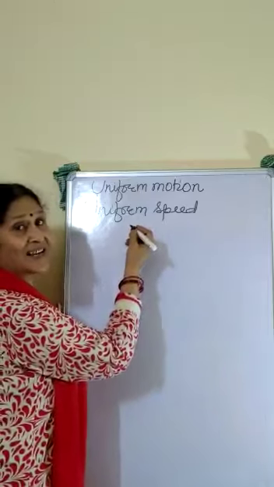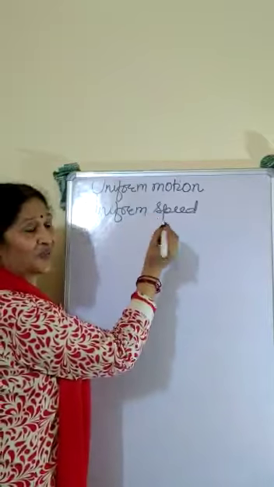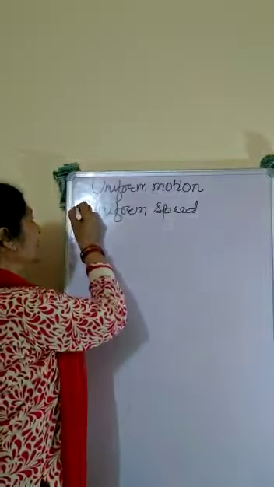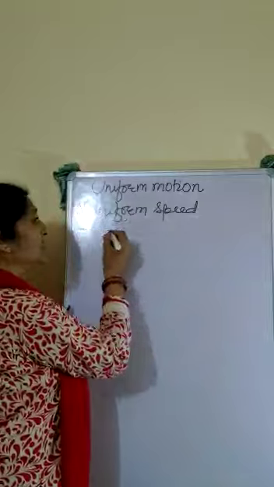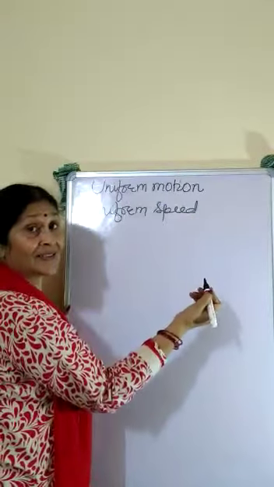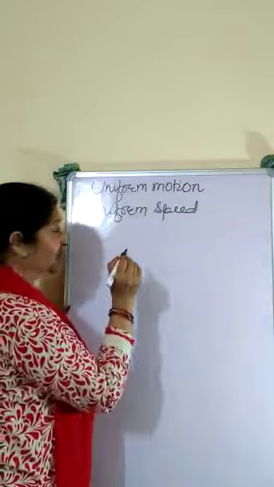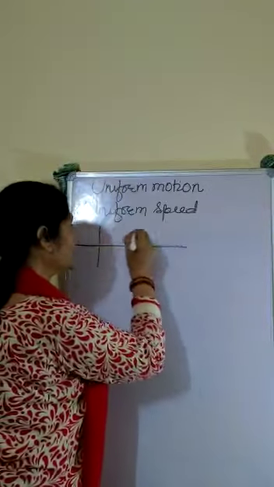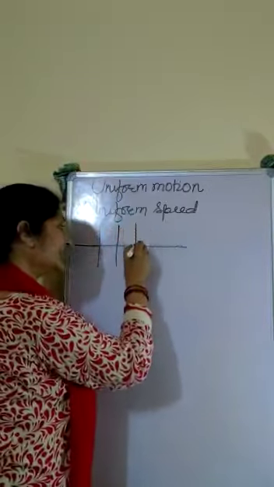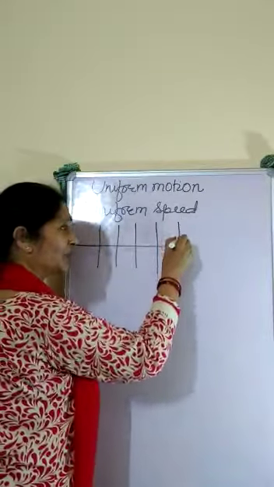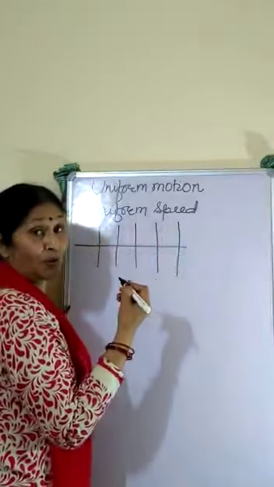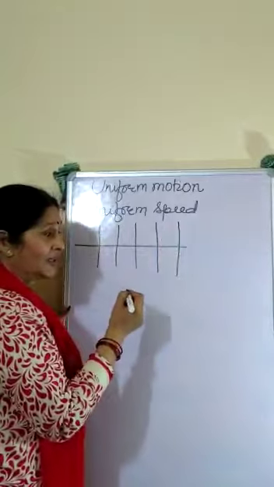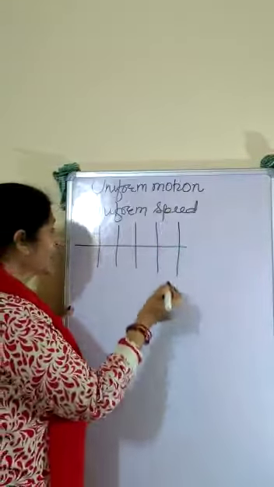Now this is the second case, uniform speed. For this case, let us see a situation. Here again we will take this type of information, and from here we will plot the graph.